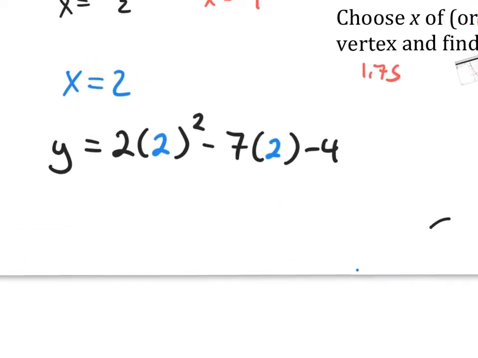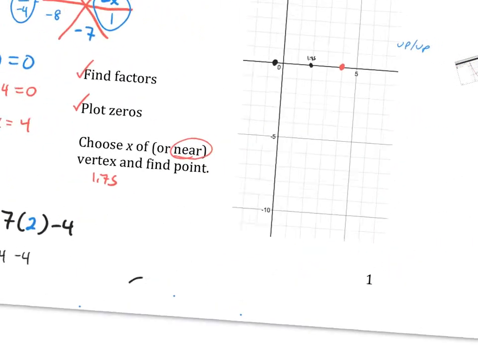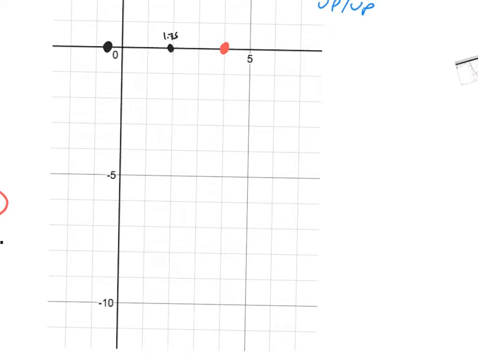Now let me simplify here to get 2 times 4 minus 14 minus 4, and all of that is 8 minus 14 minus 4, negative 10. Which now means instead of the 1.75, I'm slightly over to the right, and I'm down here at negative 10.